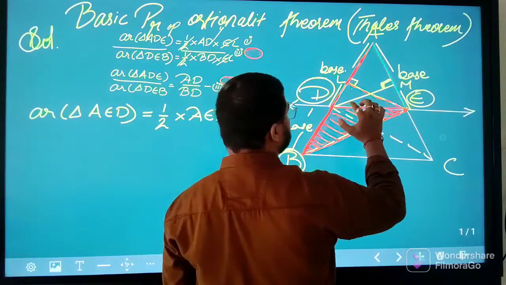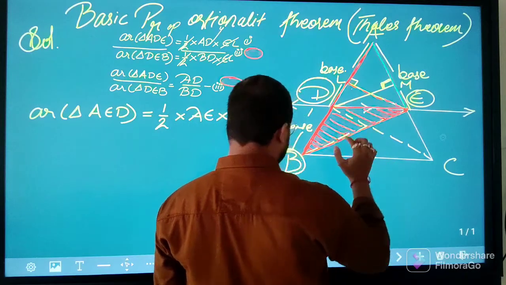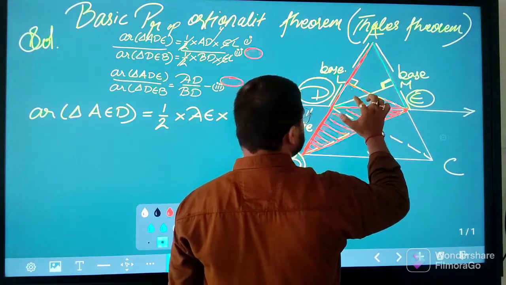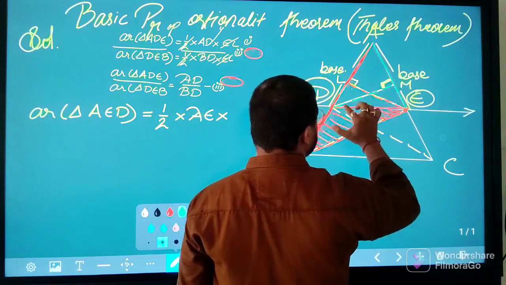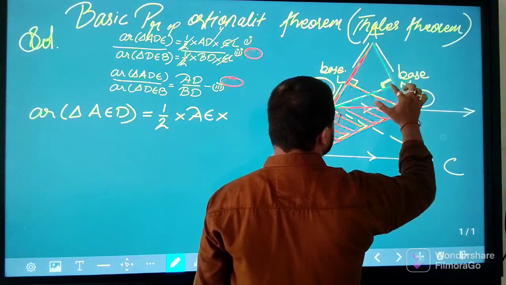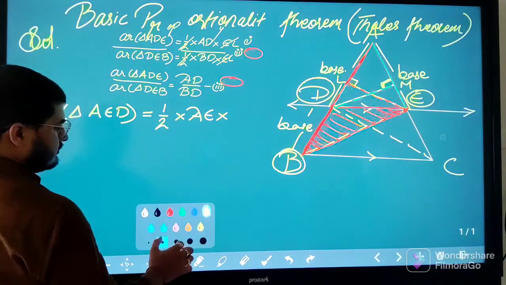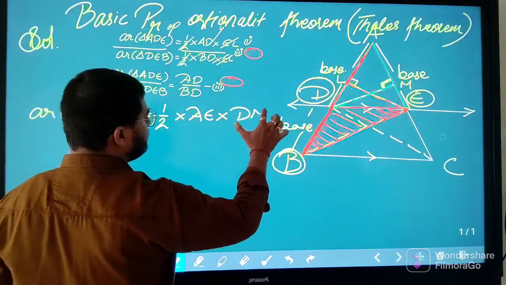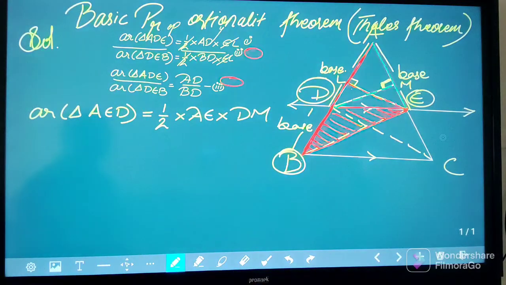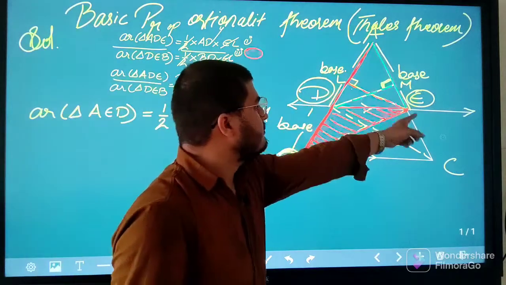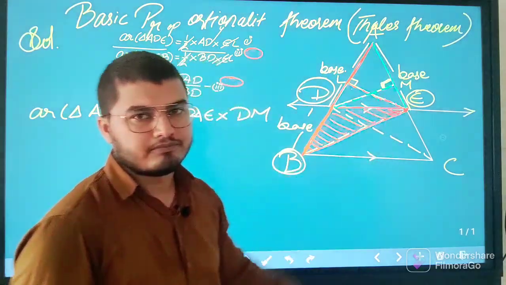So height is what? The perpendicular. So the perpendicular this time is this one, DM. So the area of this triangle is going to be half of AE multiplied by DM.